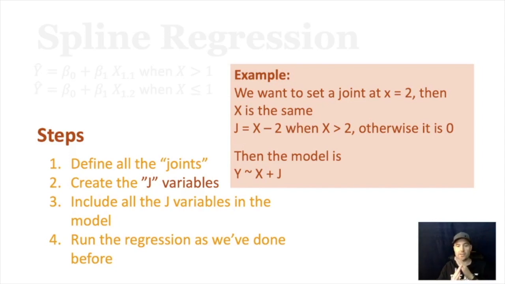So x is still the same predictor it was before, but now j is basically your x variable, but now we're doing x minus whatever the joint number is, so 2 in this case, when x is greater than 2. The rest of the time, j is 0. So any points where x originally was below 2, j is just going to show up at 0 there. And then we just run the model, y predicted by x plus j.